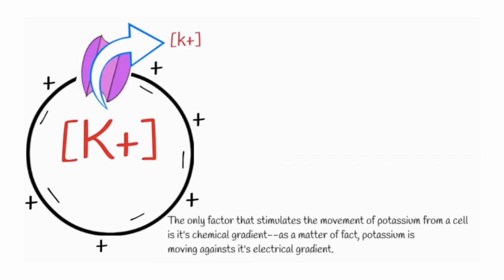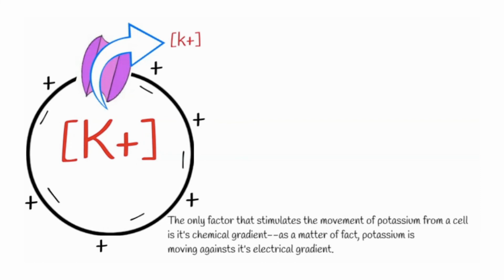Just a quick review, we've already said potassium is going to leave a cell down its chemical gradient. It's going to diffuse out of the cell from an area of high concentration to an area of lower concentration. That is its chemical gradient. But based on charge alone, would potassium want to leave the cell?